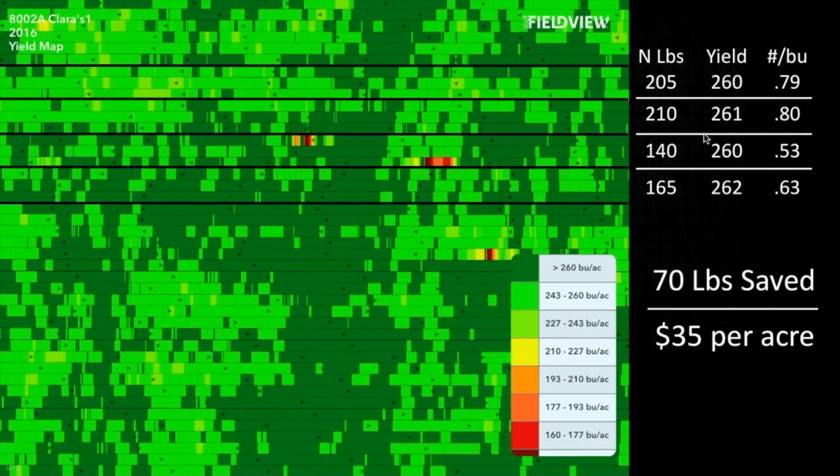That's one of the topics we address at the training, and here's a great illustration of that. These are different levels of nitrogen application and the associated yields. I mean, look at that. You can see 140 pounds, 165 pounds, 205 pounds, and 210 pounds. And look at the yields associated with it.